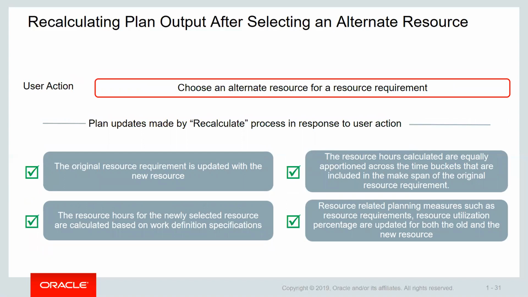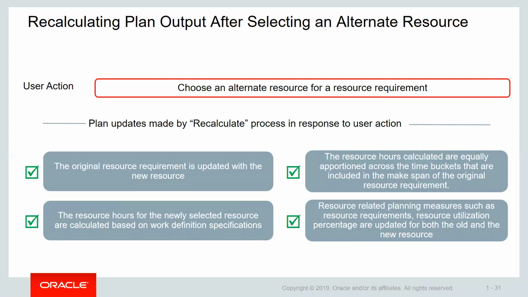Here we are looking at how the recalculate process affects the plan when user chooses an alternate resource for a resource requirement. As you see, if user chooses an alternate resource for a resource requirement, by recalculation, the original resource requirement is updated with the new resource.